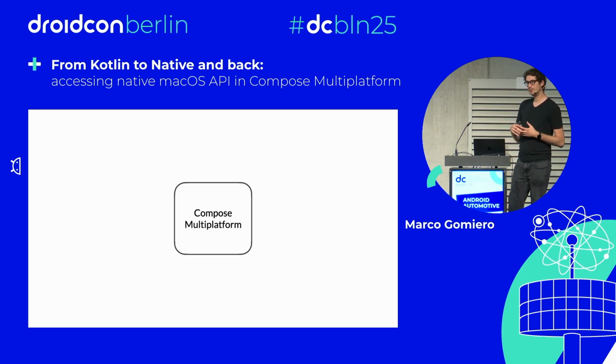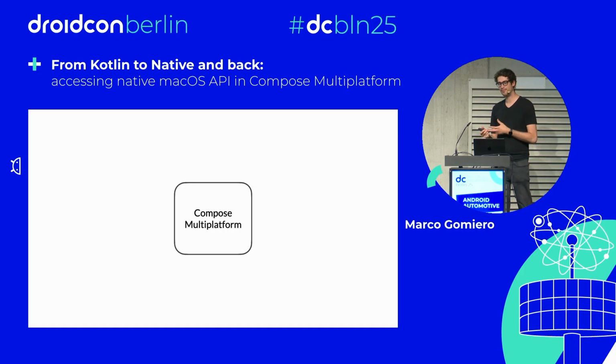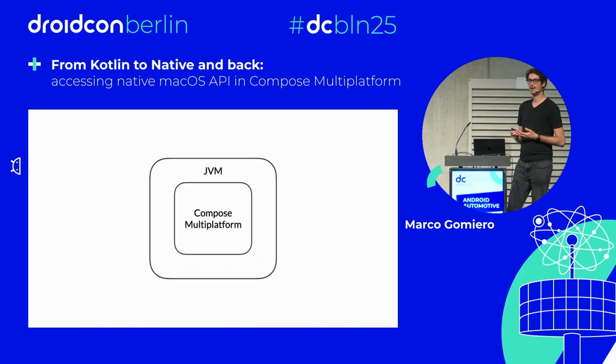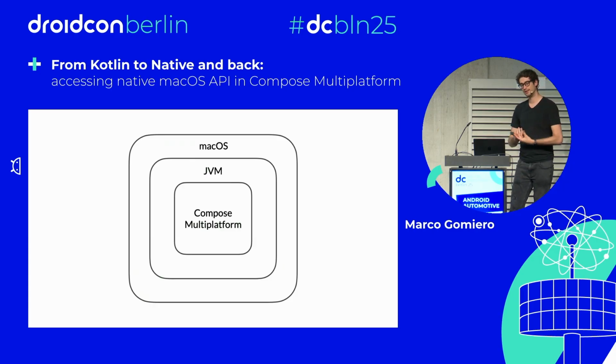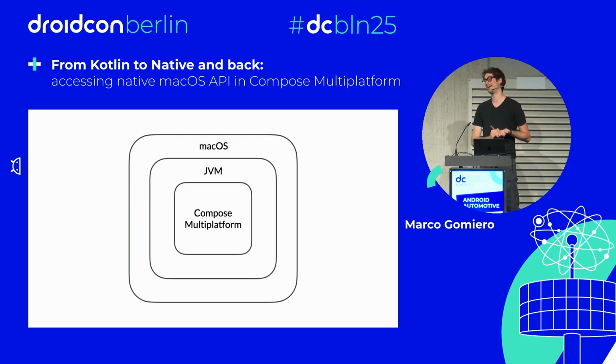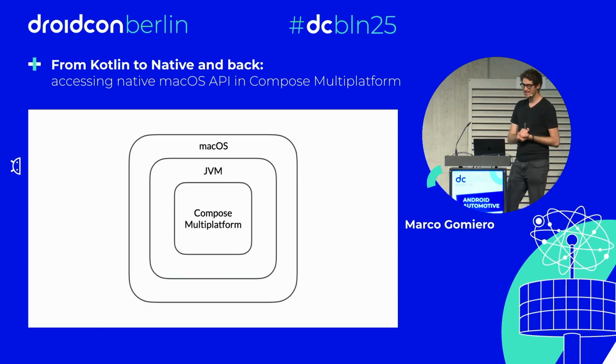Well, because when you run your Compose Multiplatform app, you are running it on the JVM, and the JVM is running on the guest OS where you're running the thing. In this case, macOS. And since the claim is "write once, run anywhere" on 1 billion devices, the JVM acts as a layer, and it provides the abstraction from the OS.